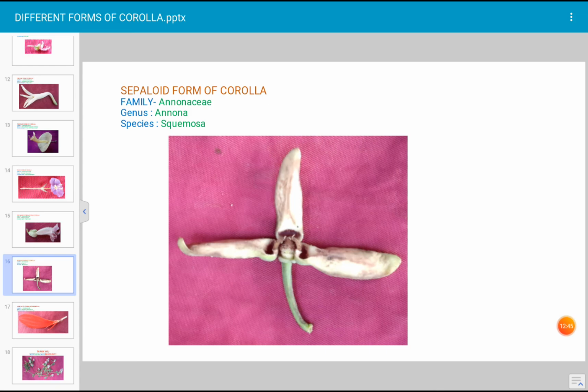Therefore, the corolla lobes, that is the petals, are green in color, and this is described as sepaloid petals. Therefore, the corolla of green-colored petals is termed the sepaloid form of corolla. This is the flower of family Annonaceae, genus Annona squamosa. We know the sitafal. This is the flower of sitafal.